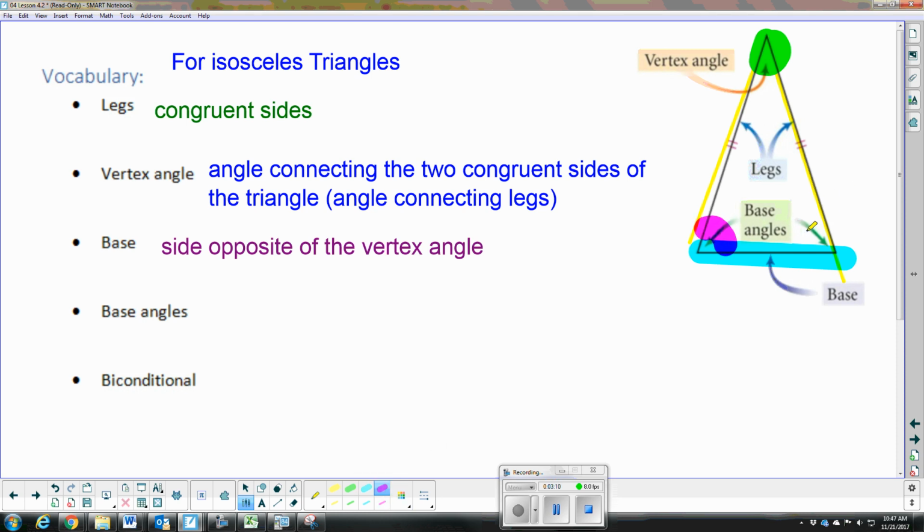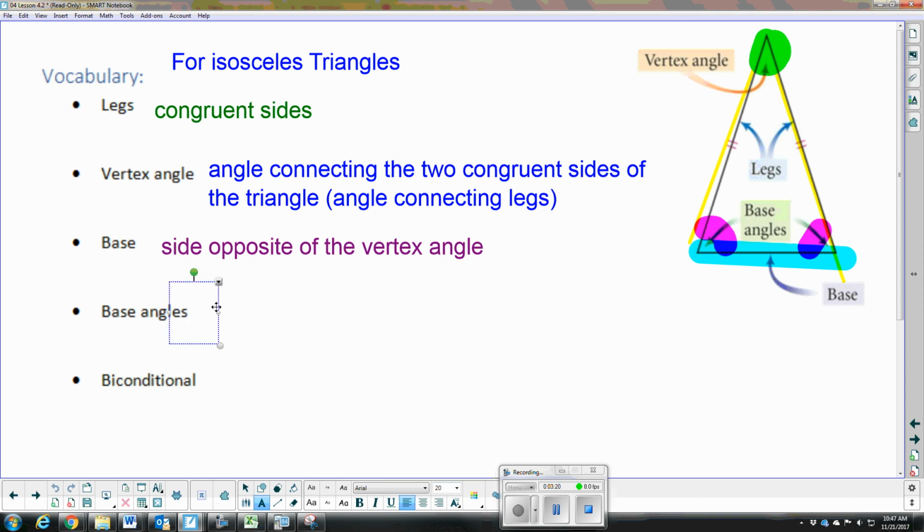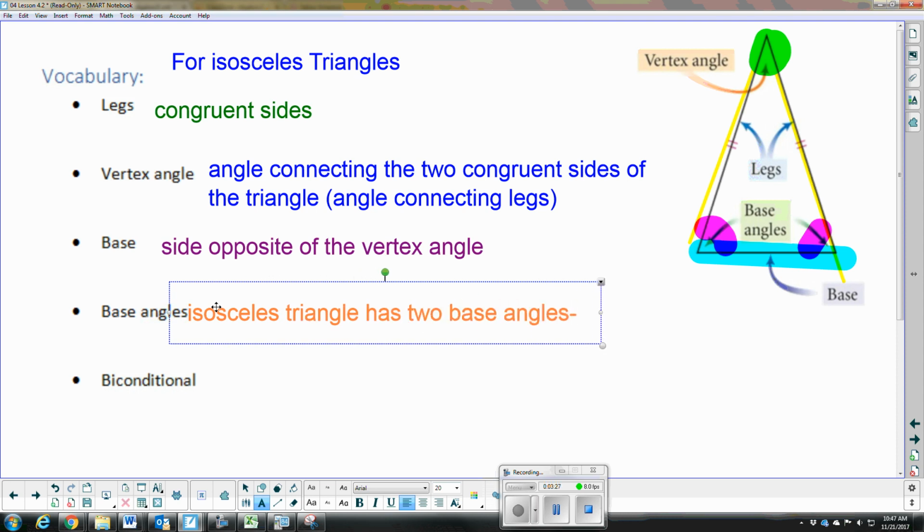So here's one base angle, and here's the other base angle. And these base angles are the angles that connect the sides, or the legs, to the base.